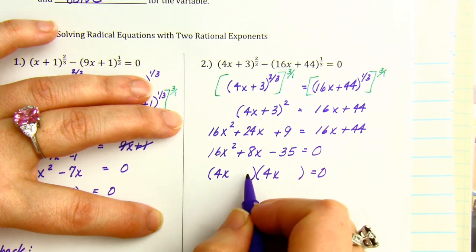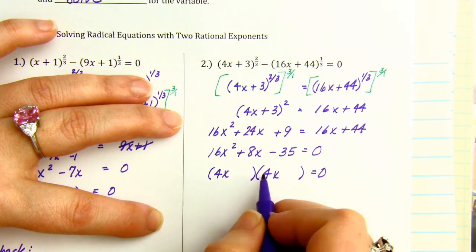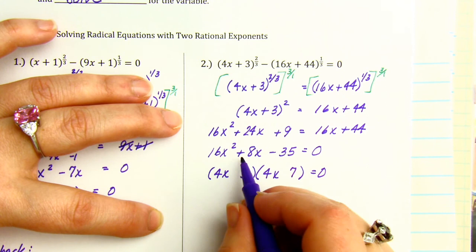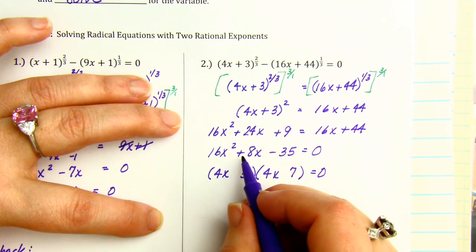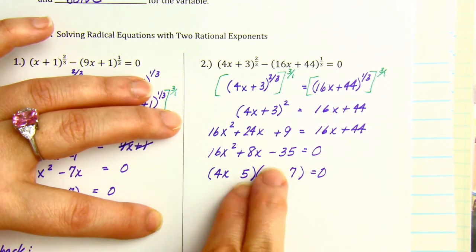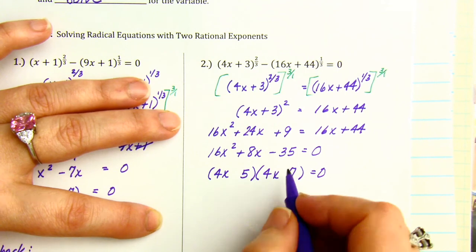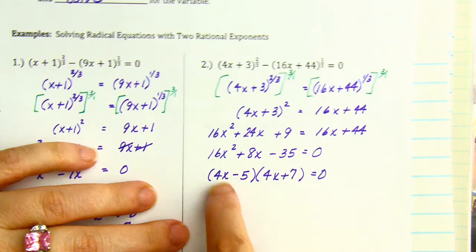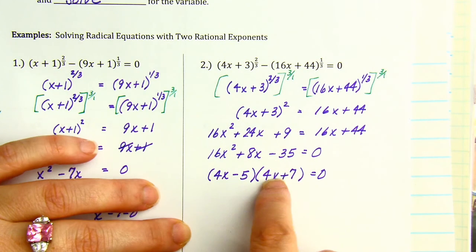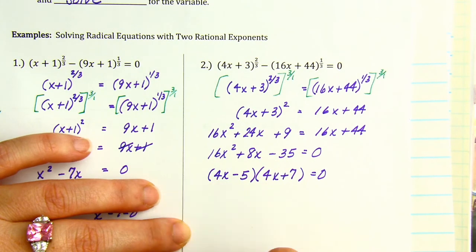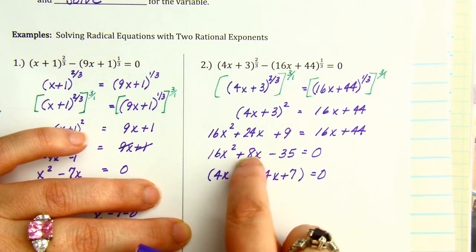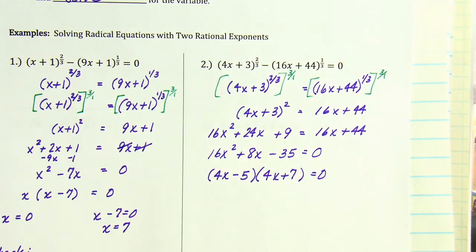Doesn't matter where I put them because these are both 4x. Signs are not the same. Larger product is positive. 28, 20. So positive goes here, negative goes here. Check it. Those two 4x's multiplied with each other give me 16x squared. Plus 28 minus 20 is plus 8. 7 times 5, 35. It's negative. It's correct.